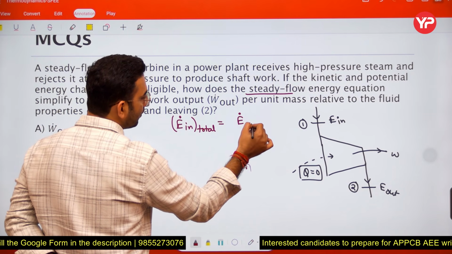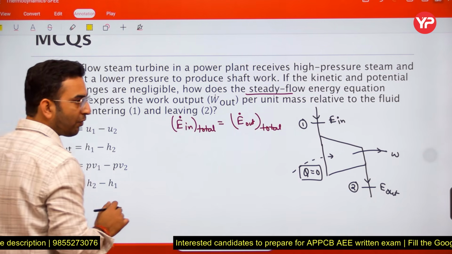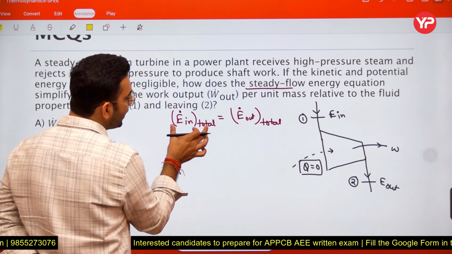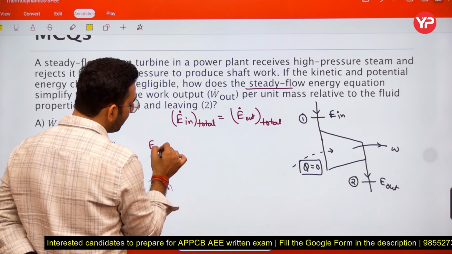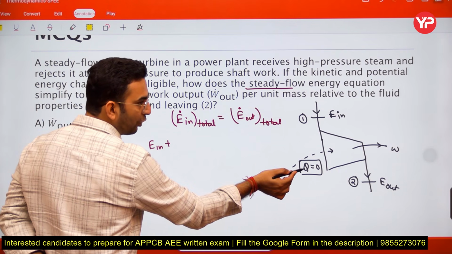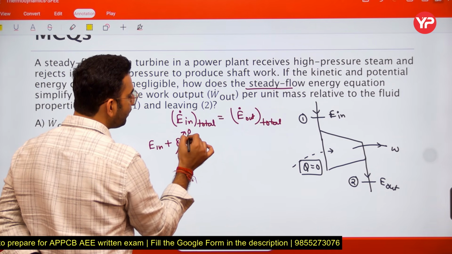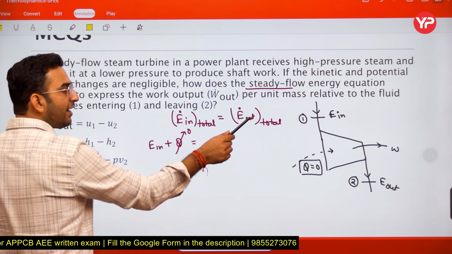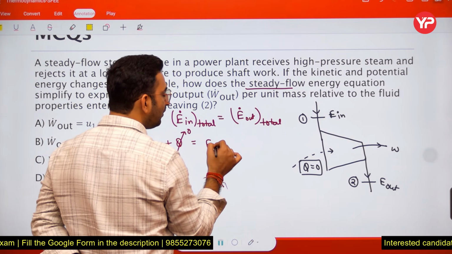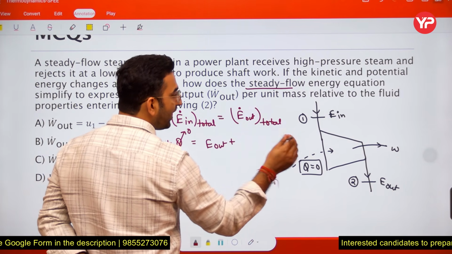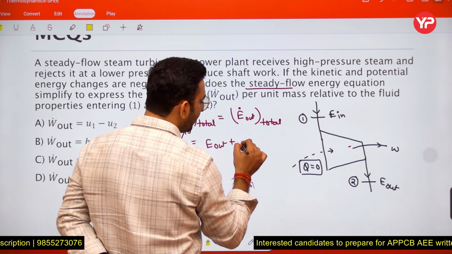I am talking about the total energy out here. So the total energy entering is equivalent to E in plus Q, but there is no heat transfer taking place, so this Q is going to be 0. Now the total energy leaving the system is equivalent to E out, plus energy is also getting rejected in the form of work here.